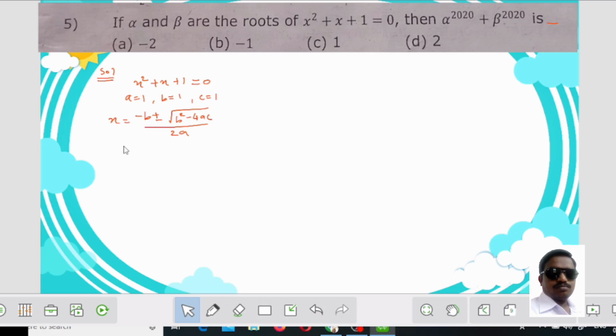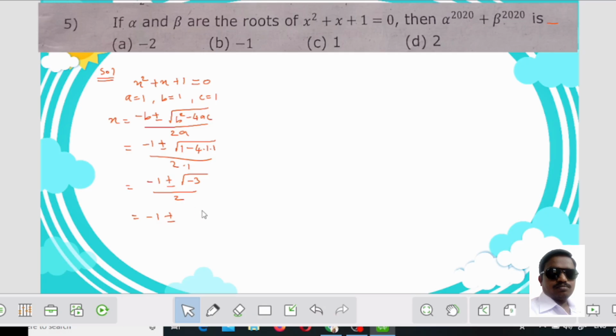So now we substitute the coefficient values, minus 1 plus or minus root of b square 1 minus 4 into 1 into 1 by 2 into 1. Now by simplifying this, minus 1 plus or minus root of 1 minus 4, that is minus 3 by 2.